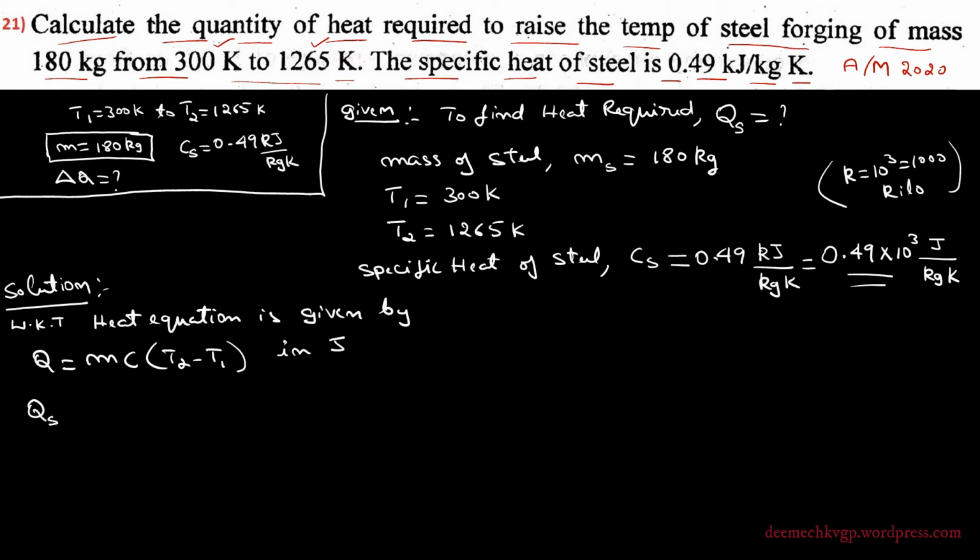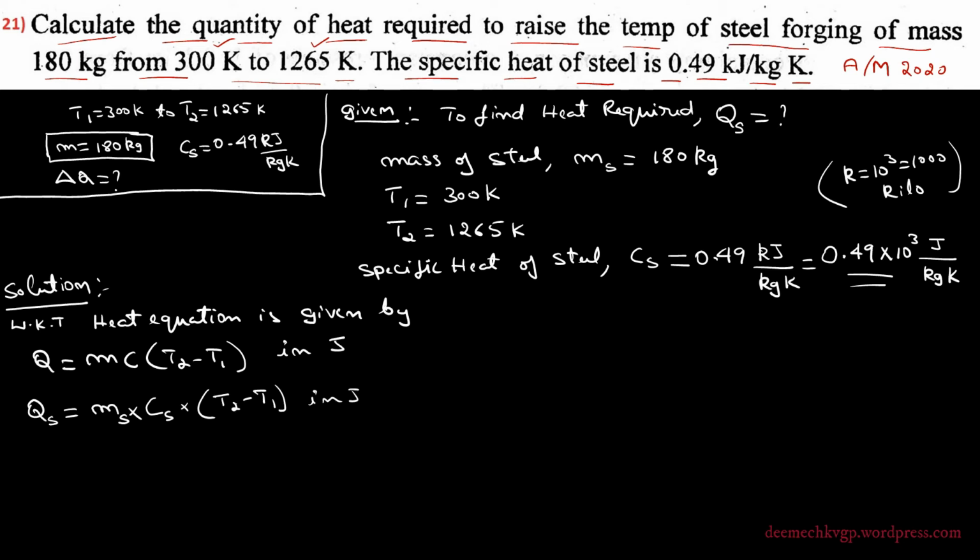We have to find the heat required to raise the temperature of the steel bar. Let me denote it as Qs is equal to m, the mass of steel, denoted with ms, multiplied by the specific heat of steel, C denotes specific heat, S denotes steel, again multiplied by bracket open T2 minus T1. It should be measured in joule.